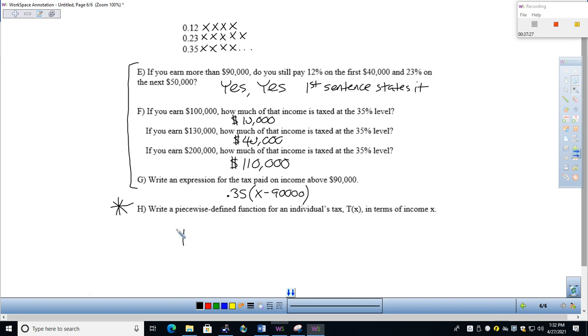So everybody, T of X equals big squiggly brace. Now I'm going to leave a lot of room right here. There are 3 conditions. So as a result, let's start out easy. 3 ifs. Now there's one way to calculate the tax if we make anywhere from 0 to $40,000.